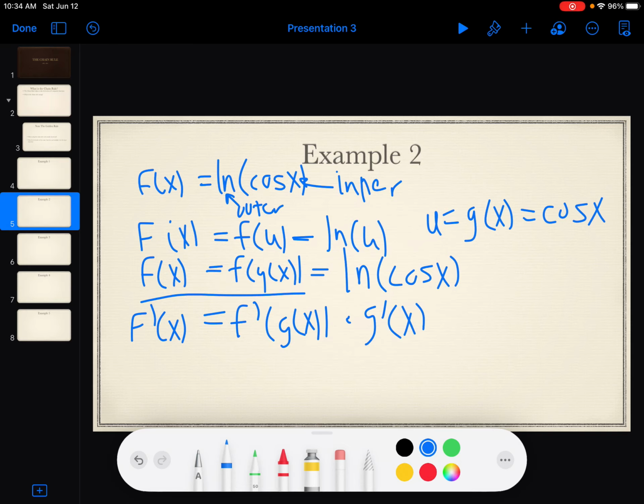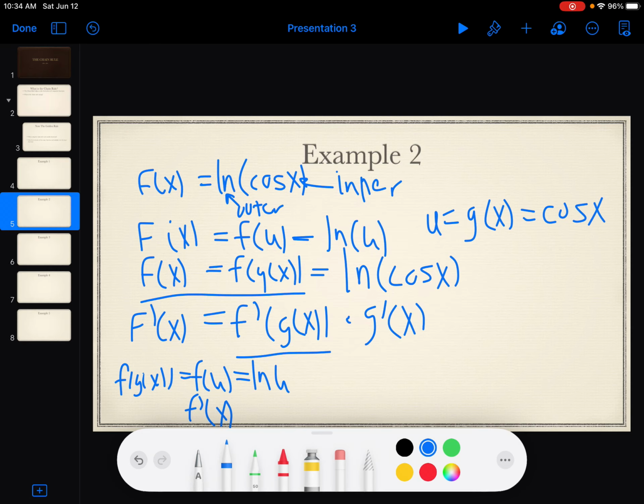So now it's just a matter of finding these derivatives. Our first one is this. Well, f of g of x is equal to f of u. And what is f of u? Remember, f of u is equal to ln u. So how do I find f prime of u?